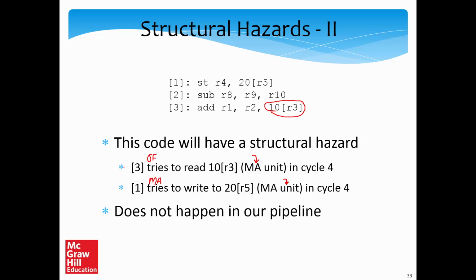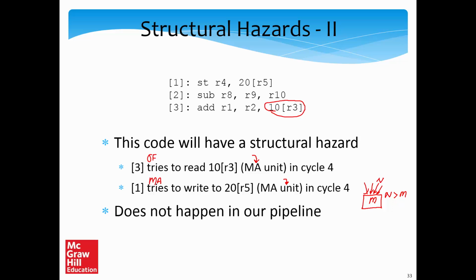A structural hazard is basically a situation in which two instructions try to access the same resource, or defined in a more generic way, if a resource can satisfy m simultaneous requests, but there are n requests coming into it, where n is greater than m, then we'll have a structural hazard because we simply do not have enough resources to satisfy all the requests.